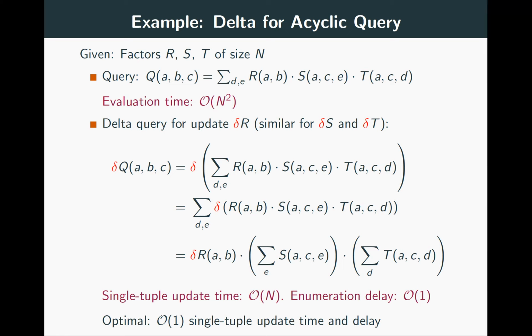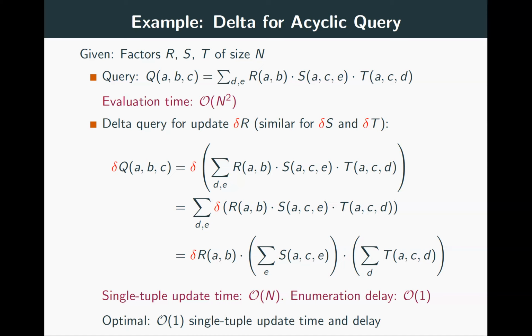Let's continue where we stopped last time. So let me briefly remind you, we had this query. It was an acyclic query here at the very top. And then we wanted to look at taking deltas to this query. For instance, if we take a delta R, so instead of this relation R we just have its delta, then the delta of the query would be essentially commuting with this summation, right?